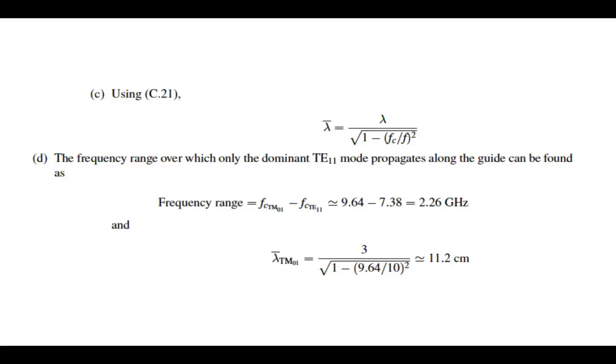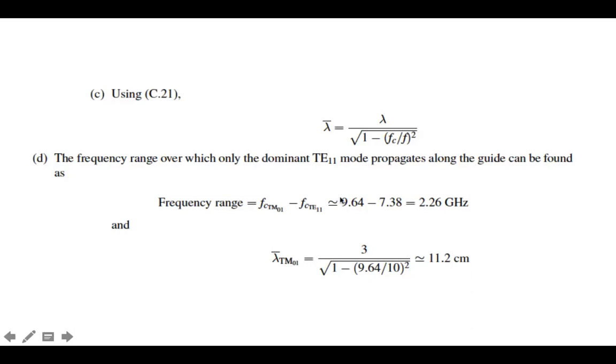Now the frequency range over which the dominant TE11 mode propagates along the guide can be found by taking the difference between the TM01 and the TE11. So if you take 9.64 and subtract 7.38, you get 2.26 gigahertz. So also here is the lambda in the guide for the TM01.